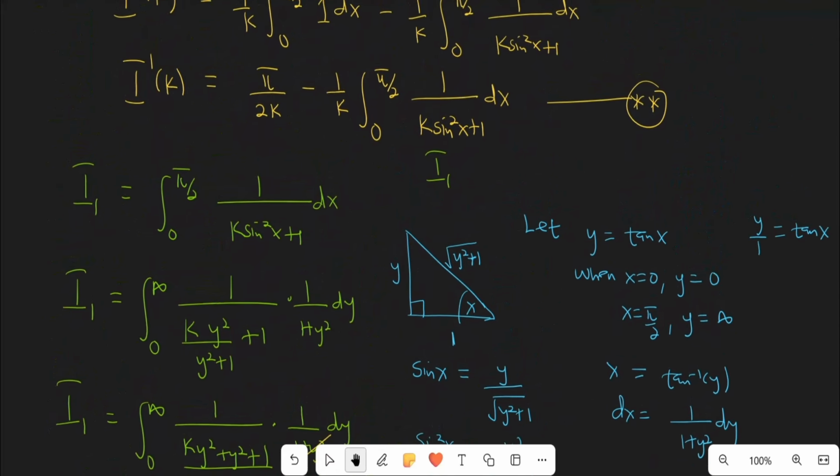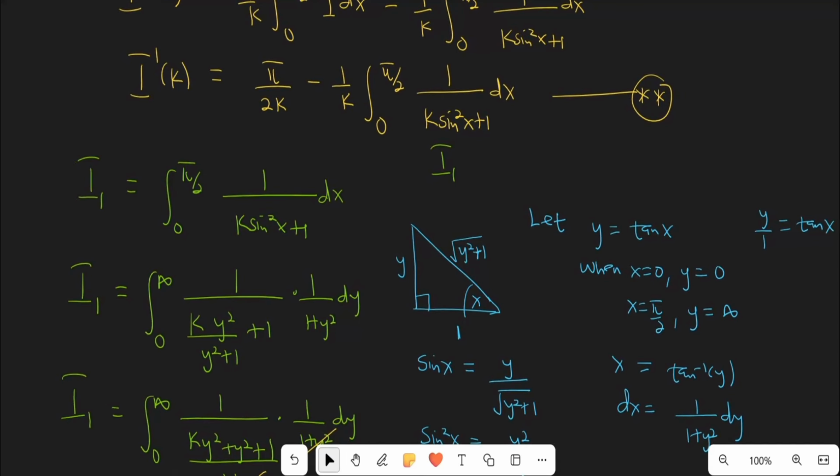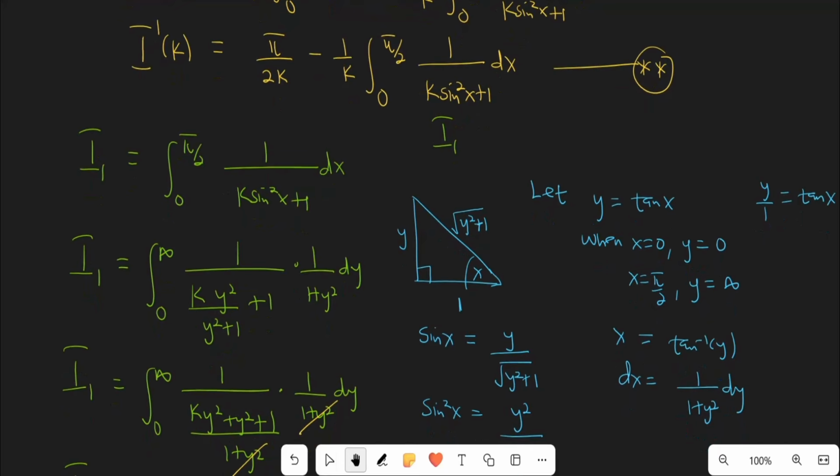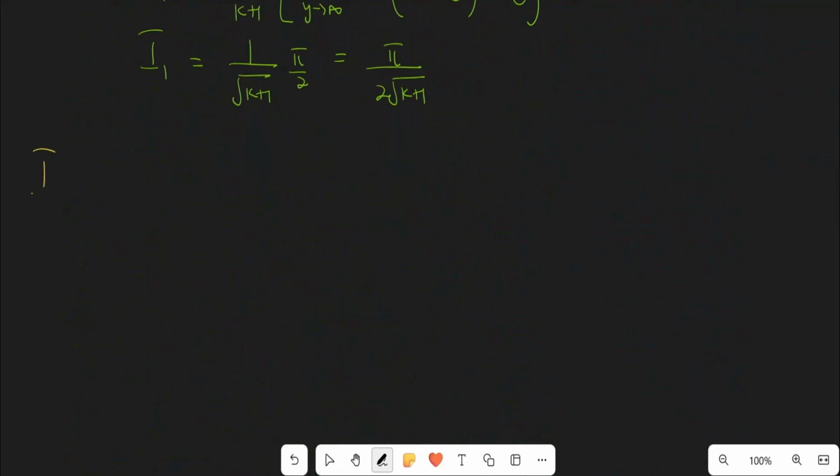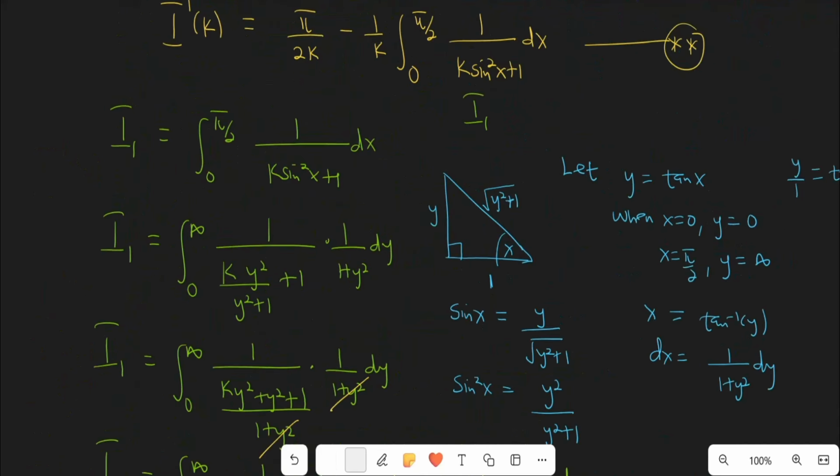Now that we have I1, we can go back to equation double star, right? Equation double star is I prime of k equals pi over 2k minus 1 over k times I1.